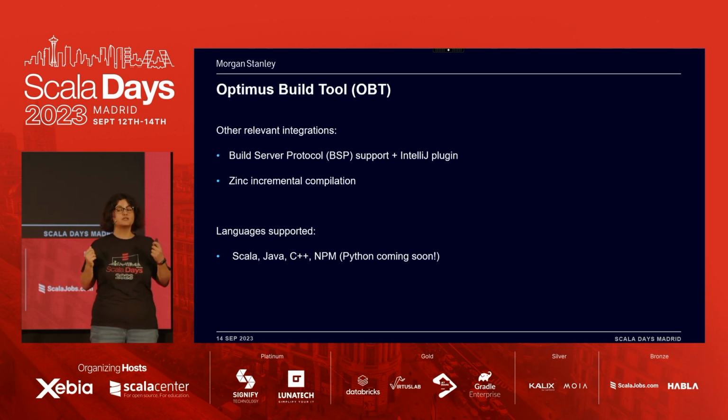The big shout out goes to the BSP maintainers, the build server protocol support. So we have a nice integration with IntelliJ so that our developers can build using OBT, just like they used to do when they're at home with SBT or whatever is the build tool of your choice.